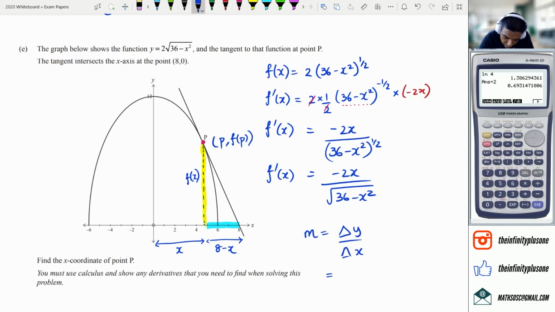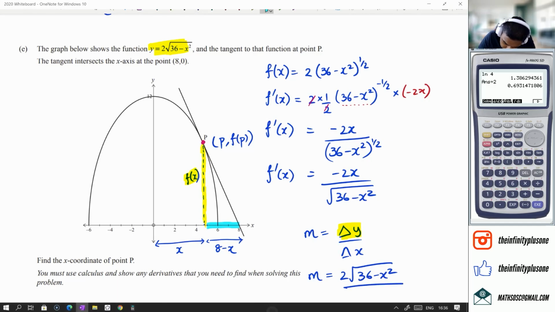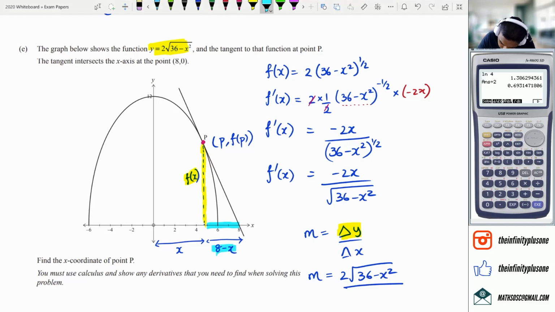Now the change in y part is highlighted in yellow, which happens to be the original function, f of x. So I could rewrite this as the gradient is equal to root 36 minus x squared divided by change in x. Now the change in x part is this part, which is 8 minus x.